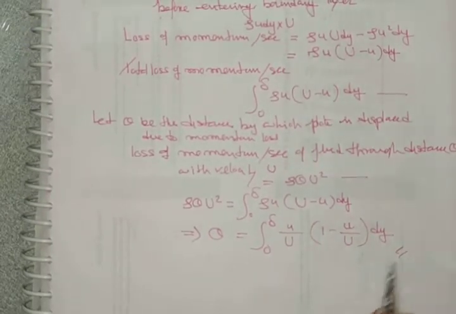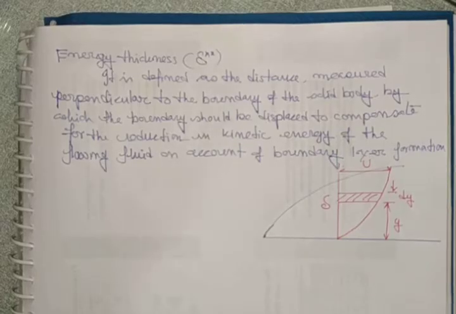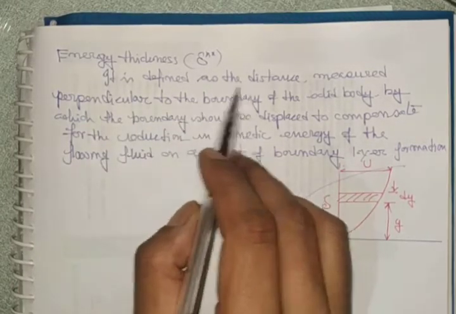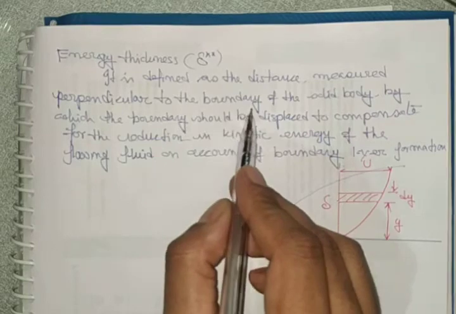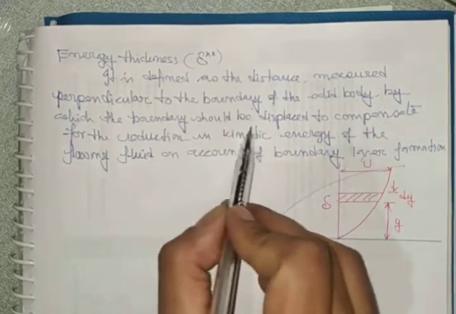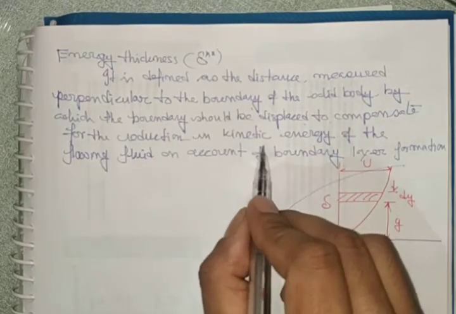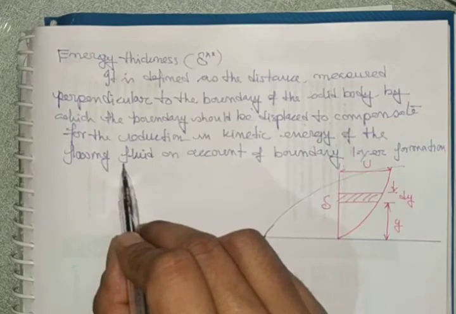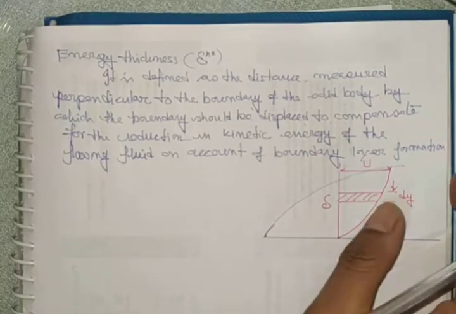So this is the momentum thickness of a boundary layer. So let's come to energy thickness. It is defined as the distance measured perpendicular to the boundary of the solid body by which the boundary should be displaced to compensate for the reduction in kinetic energy of the flowing fluid on account of boundary layer formation.